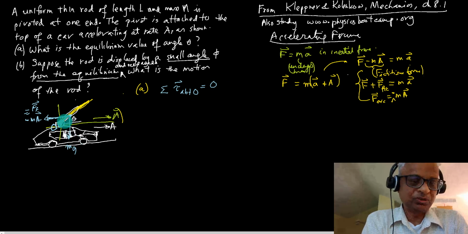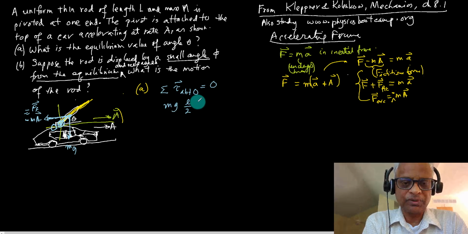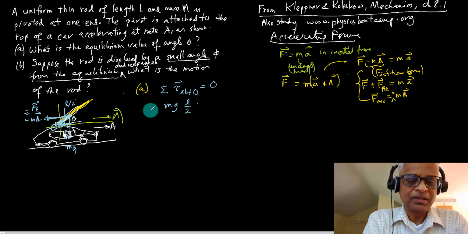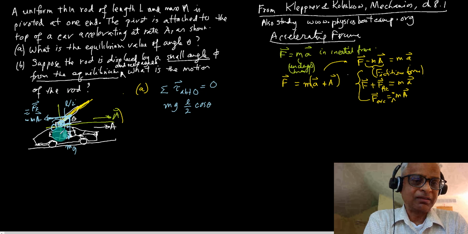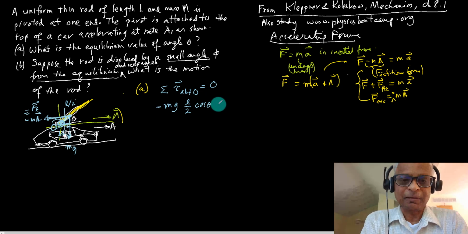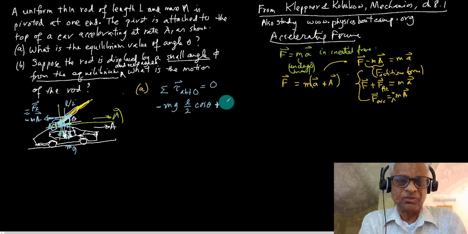Using these two forces, mg has a torque with lever arm L/2 cosine theta, and this is clockwise, so that's a minus, and the other one is counterclockwise, so it's plus.